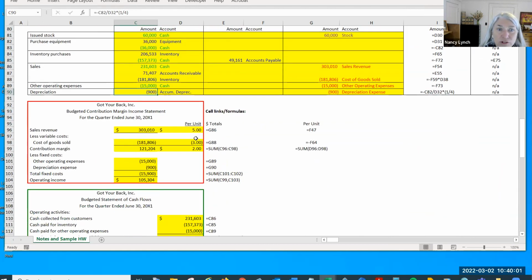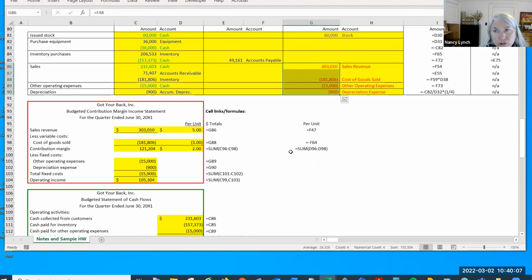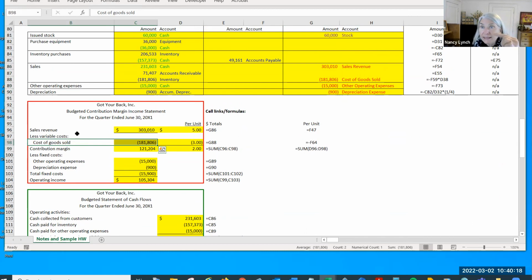Then it's a matter of doing your financials like we've always done. Here's our income statement. If you need a review on that, your earlier modules, 1 and 2, will help with that. This is a contribution margin income statement, so we want our costs that will change with each additional unit. Cost of goods sold will change with each additional unit.